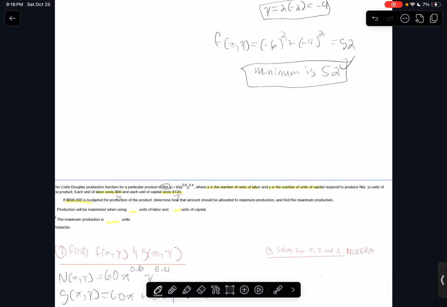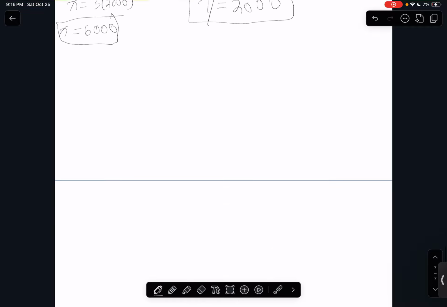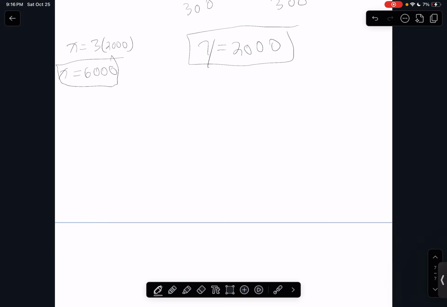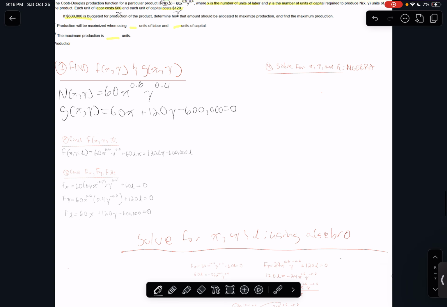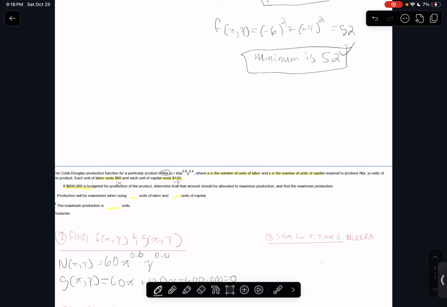So the production will be maximized when using blank units of labor. We established that X was our unit of labor, so we have X here, 6,000 units of labor, and Y was our units of capital. So we have 2,000 units of capital.